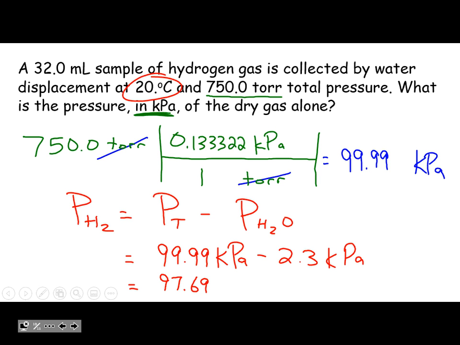As I go back and look, 10th, 100th. I can only have it to the 10th, so I'm going to take that 69 and round that to 97.7 kilopascals, and that's going to be the pressure of my hydrogen gas.